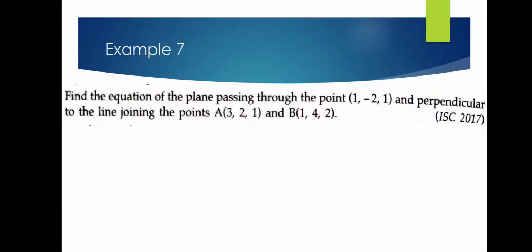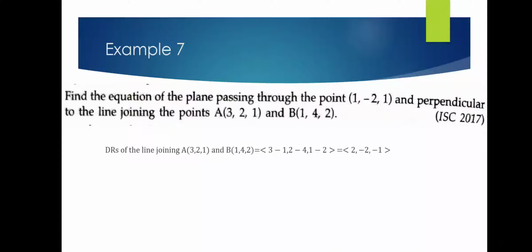Number 7. Find the equation of the plane passing through the point 1, minus 2, 1 and perpendicular to the line joining the points A (3, 2, 1) and B (1, 4, 2). So let us first find the direction ratio of the line joining the points A and B. Since it is perpendicular to the plane, it must be parallel to the normal.